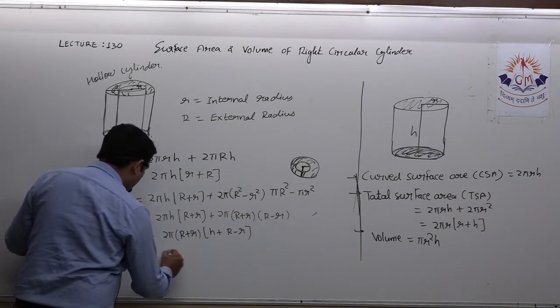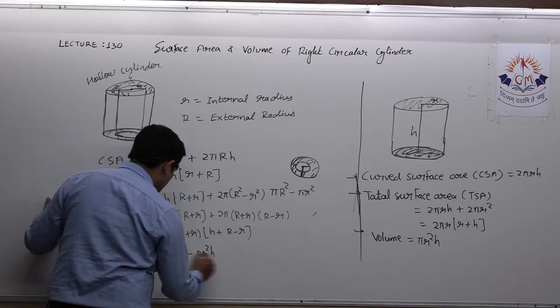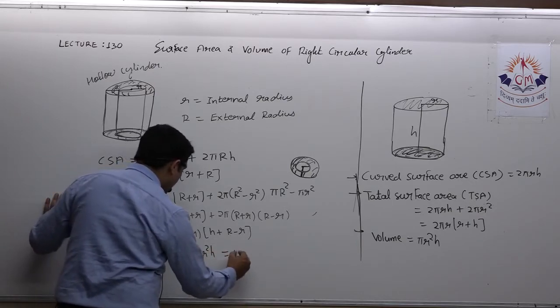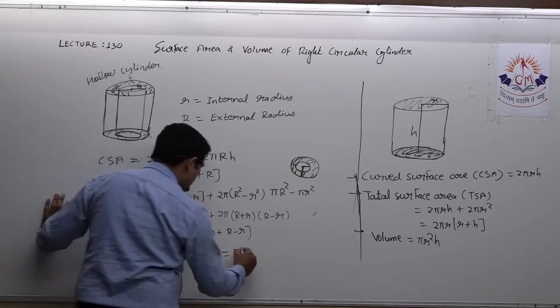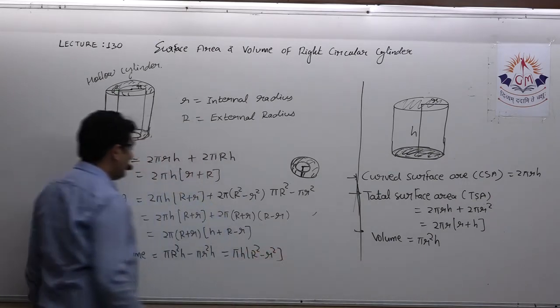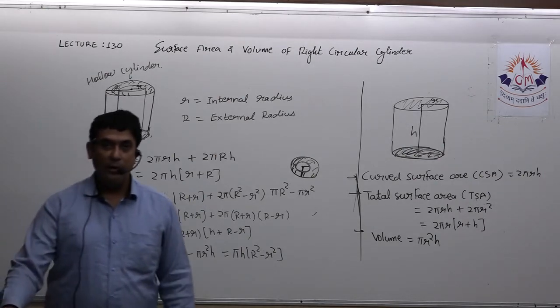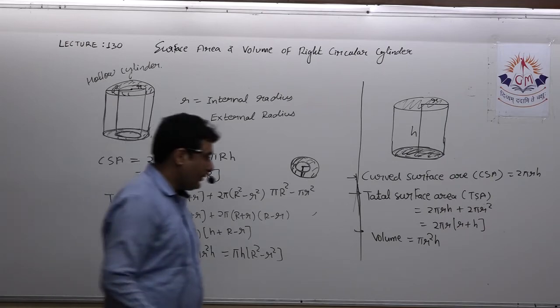So that is pi R square h minus pi r square h. Ultimately, if I take pi h common, it can be written as pi h (R square minus r square). This gives you the volume of the hollow cylinder. So please note down these formulas as well, and then we will see questions based on this.